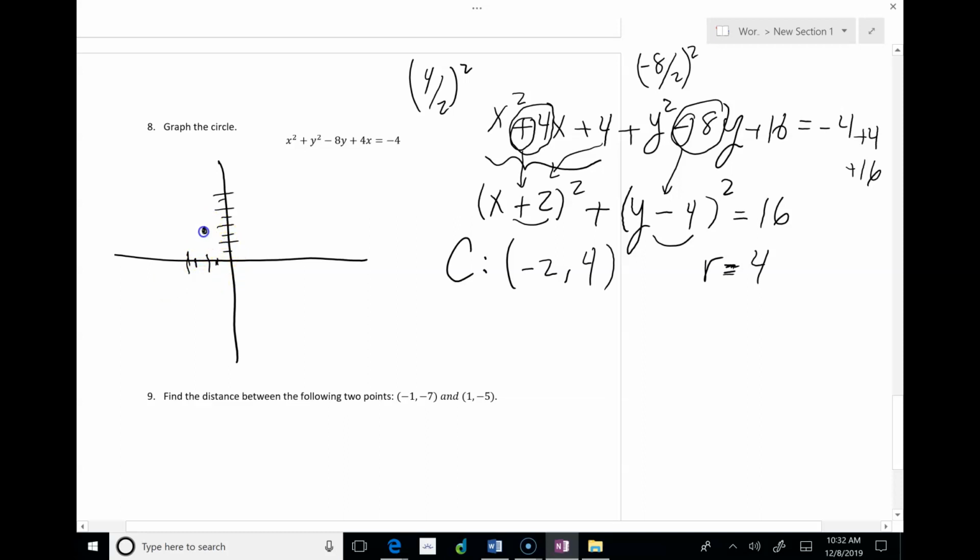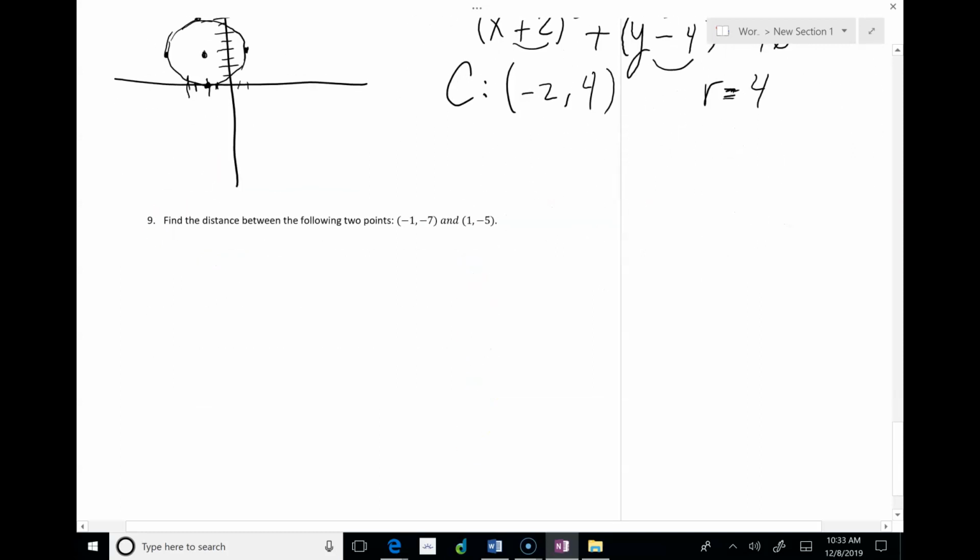That's going to be the center. Then you move 4 in each direction. So that's 4 in this direction, 4 down, it's going to be here, 4 up, it's going to be here, 4 to the side, it's going to be here. So that's the graph of the circle. You need to show all the steps.